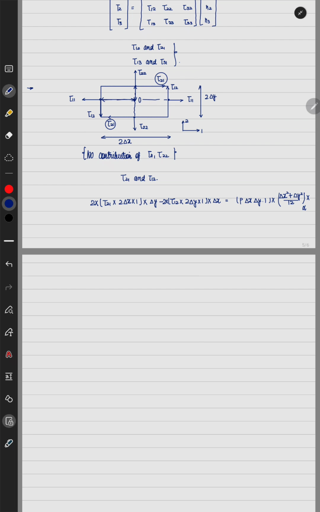So tau 2 1 into delta x delta y into some constant which is 4, minus 4 into tau 1 2 into delta x into delta y, is equal to rho into delta x into delta y into delta x square plus delta y square divided by 12 into alpha.